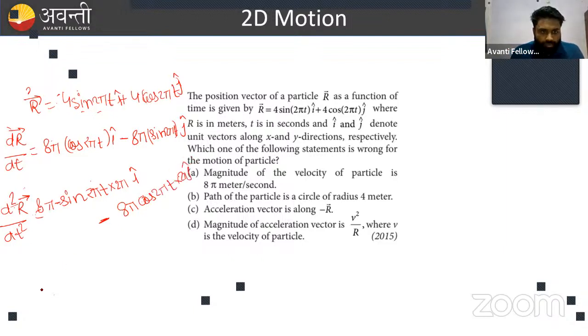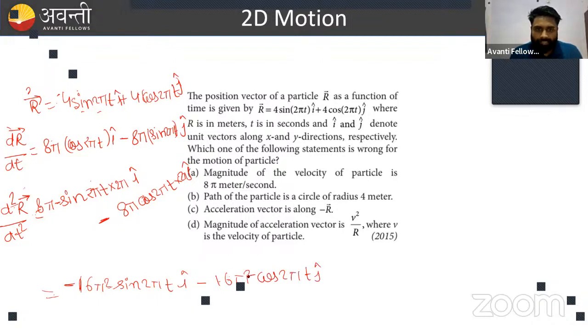Okay, so what we have here is 8 pi and 2 pi, 16 pi square, minus 16 pi square sine 2 pi t i cap minus 16 pi square cos 2 pi t j cap.